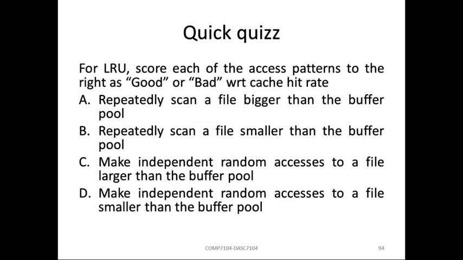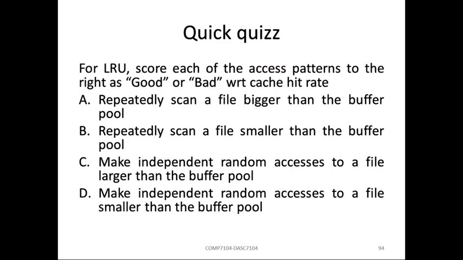Okay, another quick quiz. For least recently used, score each of the access patterns as good or bad with respect to cache hit rate. Is least recently used good or bad for repeated scans of a file bigger than the buffer pool?